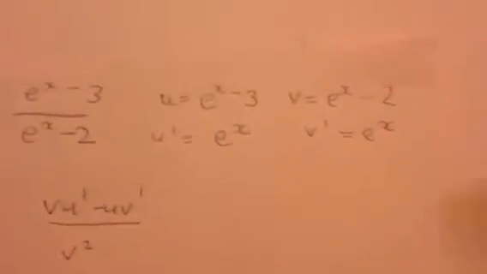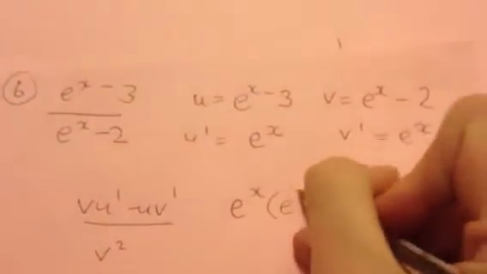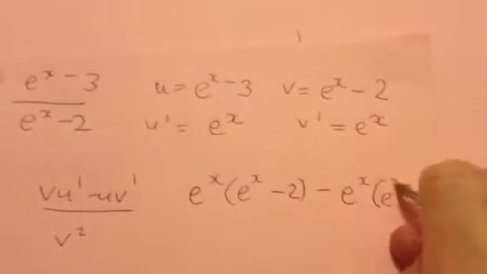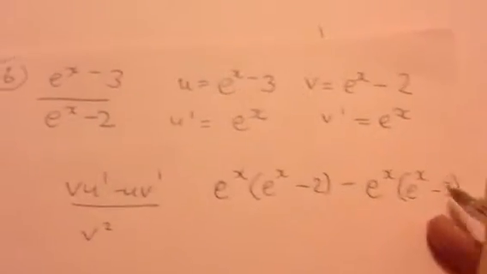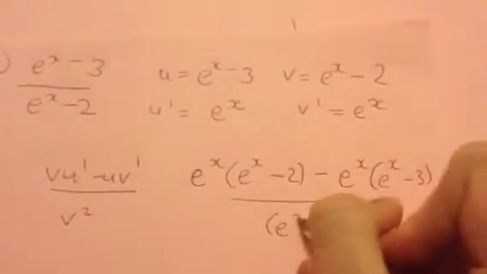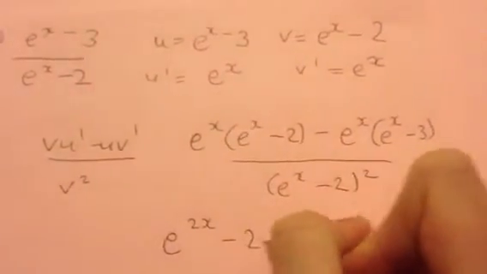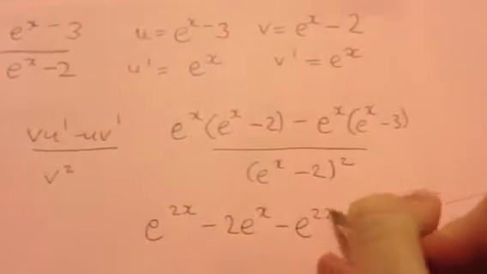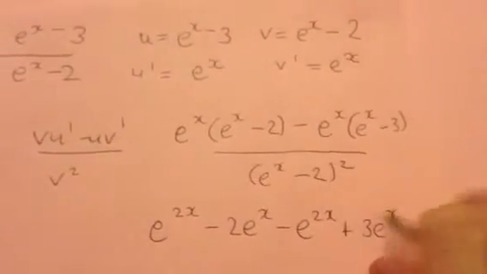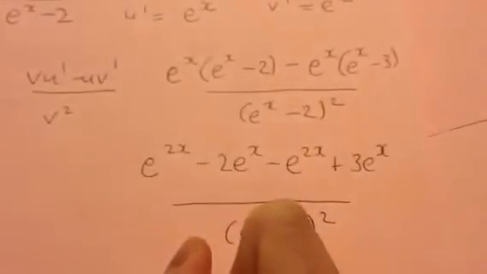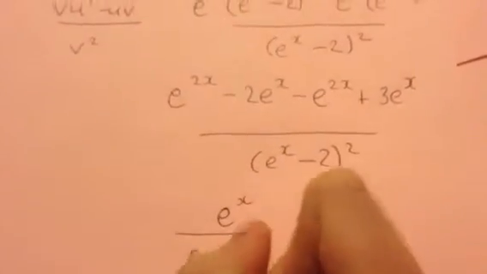So vu dash is e to the x minus 2, take away uv dash, which is e to the x minus 3, over v squared, which is e to the x minus 2, all squared. Now when you multiply out, e to the 2x minus 2e to the x minus e to the 2x plus 3e to the x over e to the x minus 2 all squared, which actually gets me e to the x over e to the x minus 2 all squared.